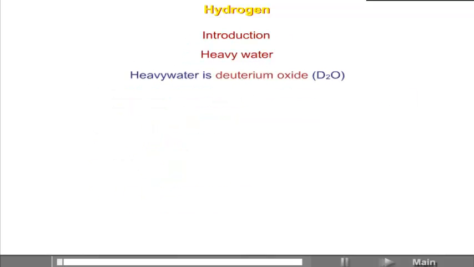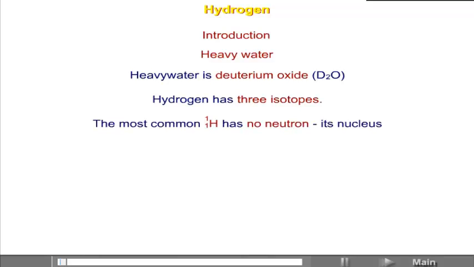Heavy water. Heavy water is deuterium oxide D2O. Hydrogen has 3 isotopes. The most common 1H1 has no neutron. Its nucleus is only a proton.